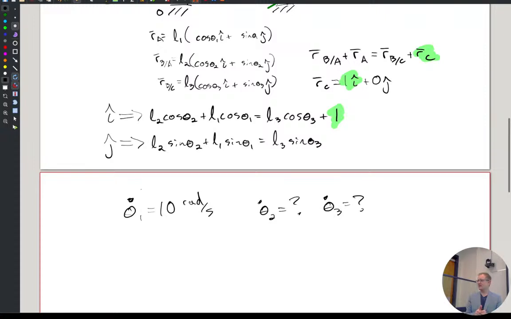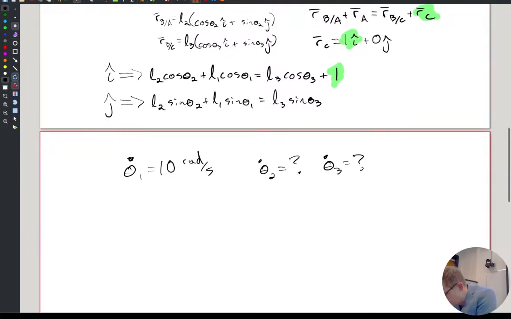How do I get theta dots in those? Like the d theta dt, right? Yeah, we could solve for everything in terms of theta 1.